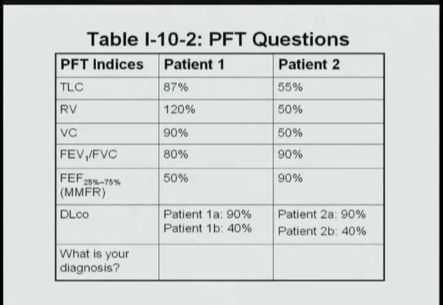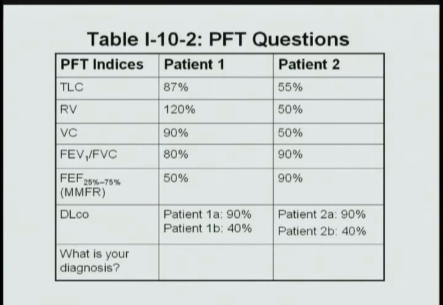The FEV1 over FVC, I told you anything below 80, and this patient, if you notice here, has 80% of predicted. I say, hey, that's probably a little bit normal, right? And then, well, what does this patient have? Then I have one more thing to look at. I look at the FEF 25-75 right here, forced expiratory flow between 25 and 75% of what? Of vital capacity, right?